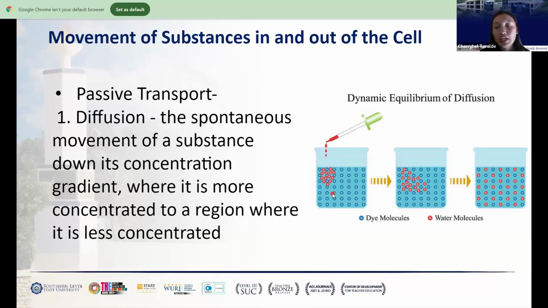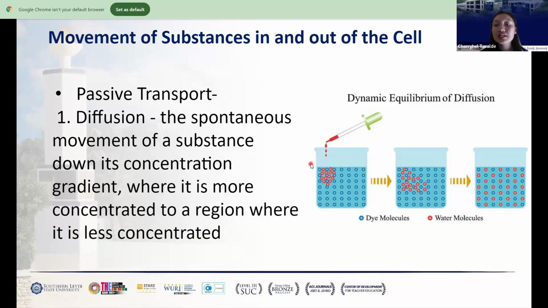And since it is the only type of molecule there, it will spread out and become uniform all throughout your water. And then after that, you will just put red food coloring in just one area, here at the leftmost part.